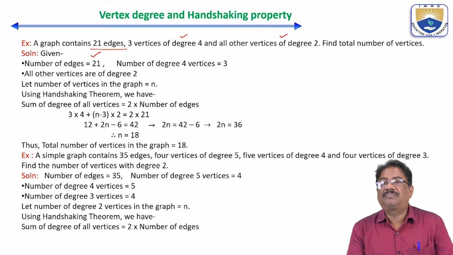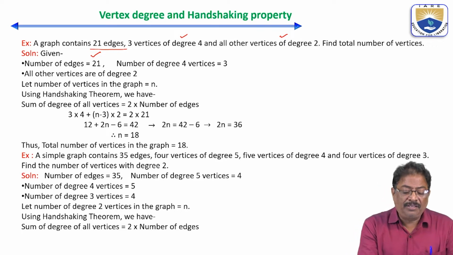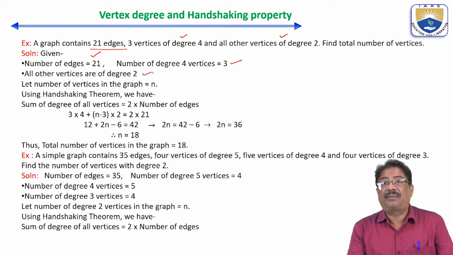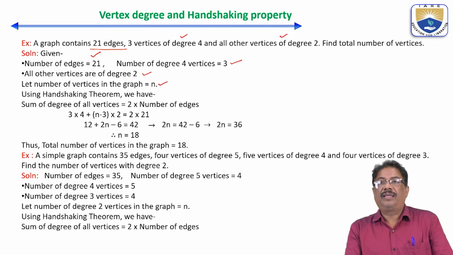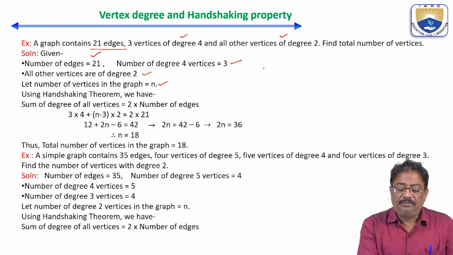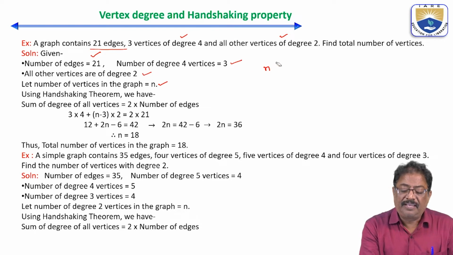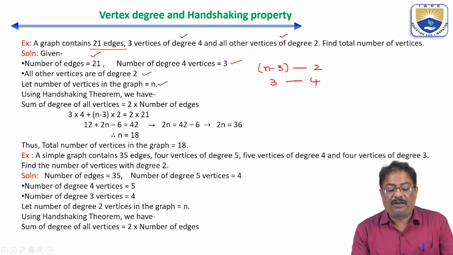Here let us assume that the graph has n vertices. So n minus 3 vertices are of degree 2 and 3 vertices are of degree 4.